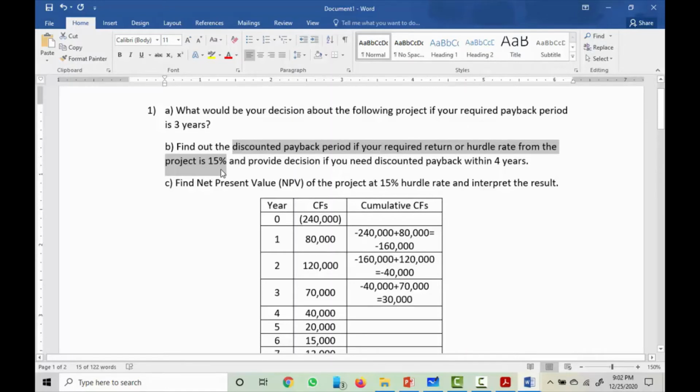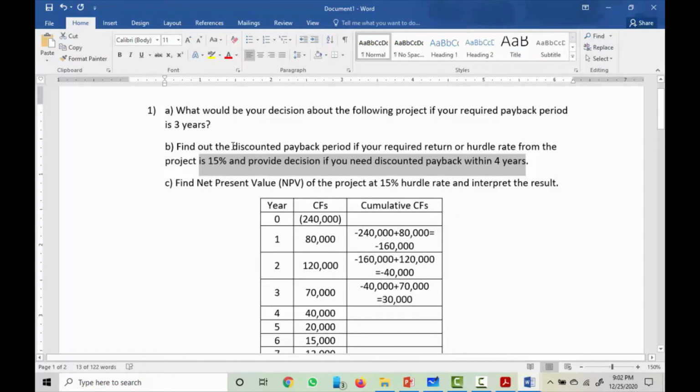If your target return, hurdle rate or required return is 15%, then find out the discounted payback period and provide a decision if you need the discounted payback within 4 years. What will be your decision about the project in that case?